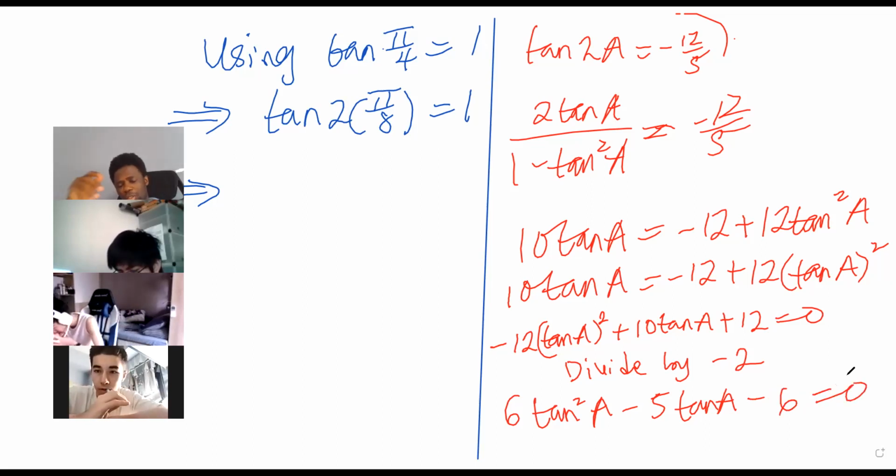Can you factorize this or not? I'm thinking. Because if you're able to get to this point, you should be able to solve the problem. 2 times 3. What are the factors you are looking at? Factors that can do what and what? 2 and 3, because they add to become 5 and multiply to become 6.